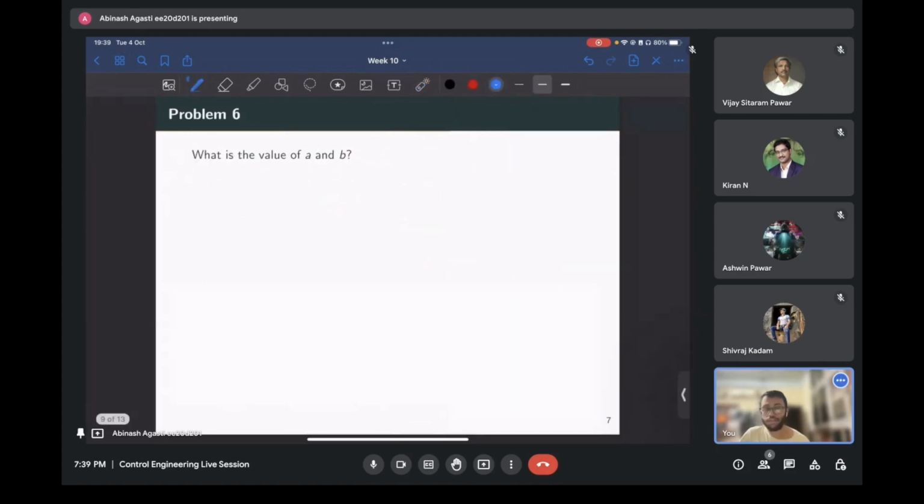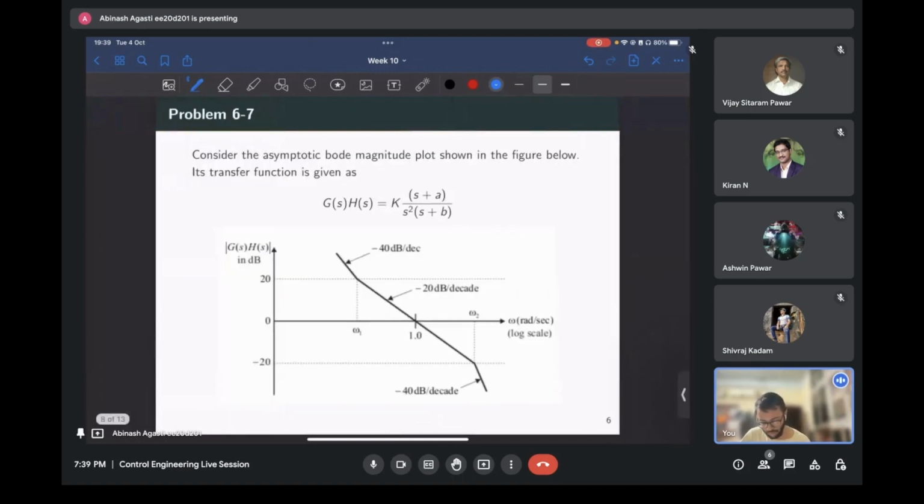Then let's see what we want to find out. First we want to find out the value of A and B. Let's go and look at this question. Since there are two poles at the origin, we'll have a minus 40 dB per decade slope from the beginning, right? Then we see that at this omega 1, we shift to a minus 20 dB per decade. That means a zero is encountered at that point.